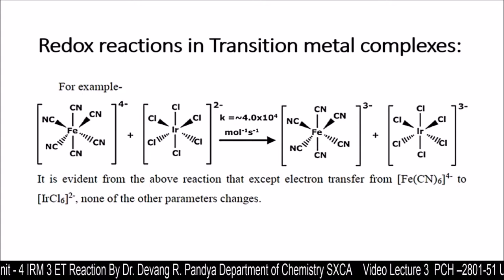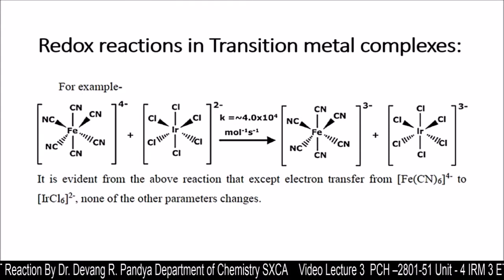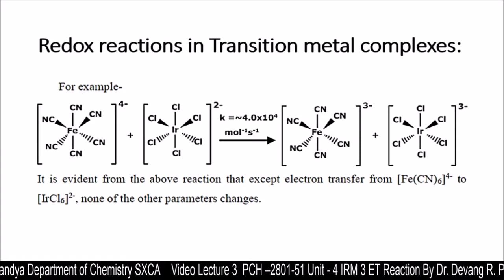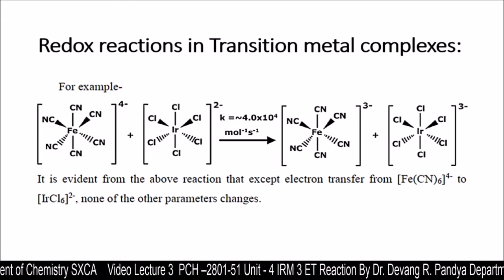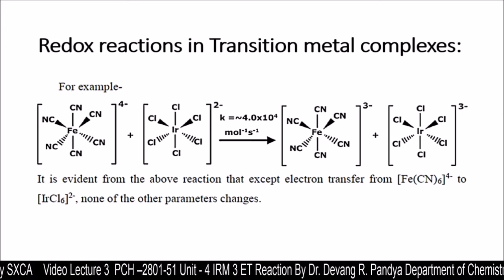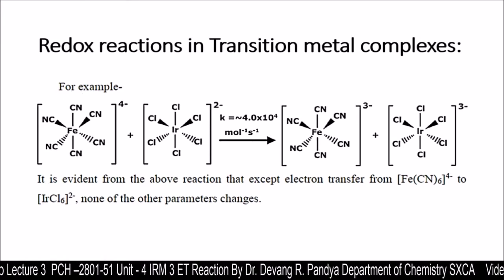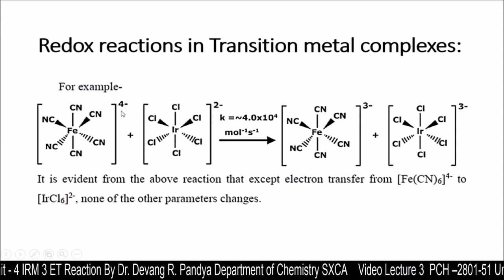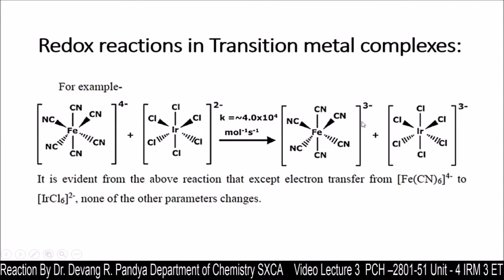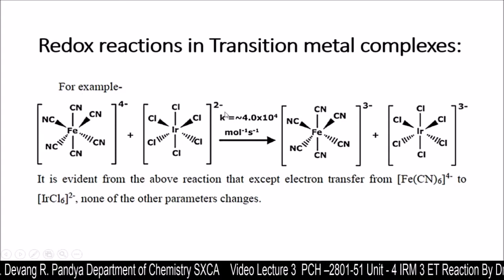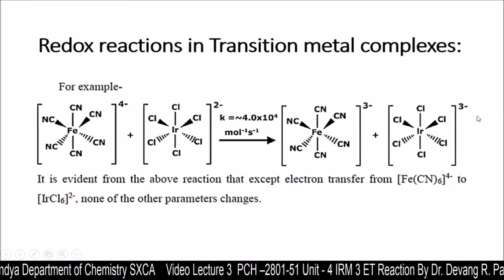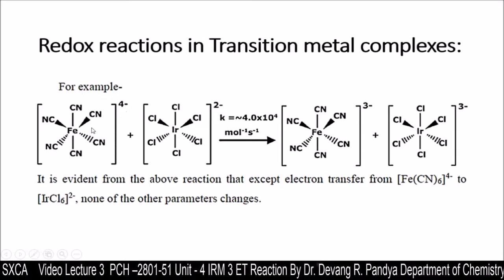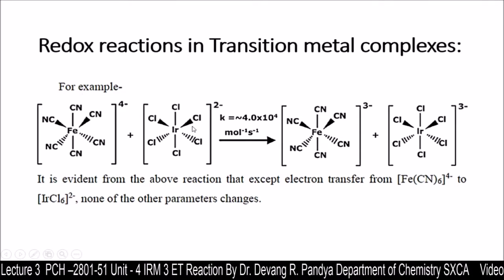It is evident for the above reaction that except for electron transfer from the iron hexacyano complex to the iridium hexachloro complex, none of the other parameters change. Only the charge changes: -4 is reduced in magnitude to -3, and -2 increases to -3. So from -4, one electron from Fe enters into iridium.